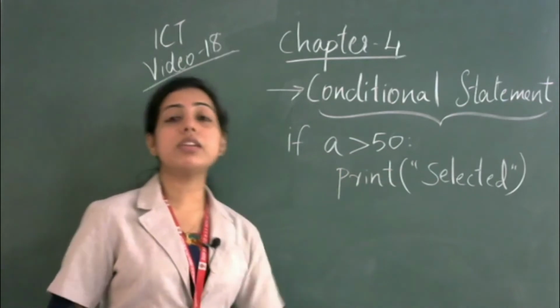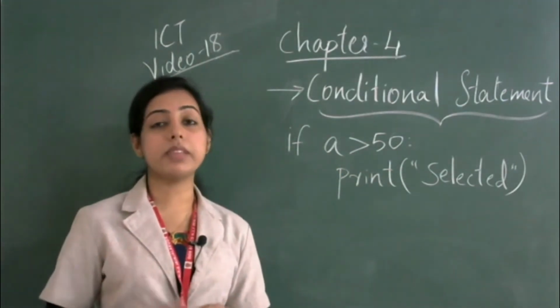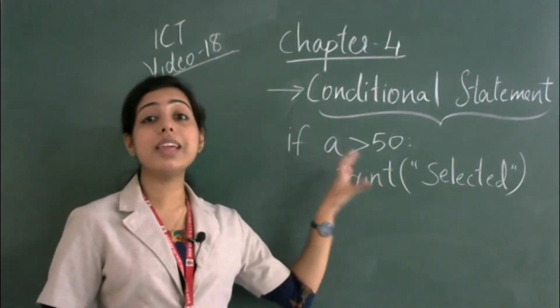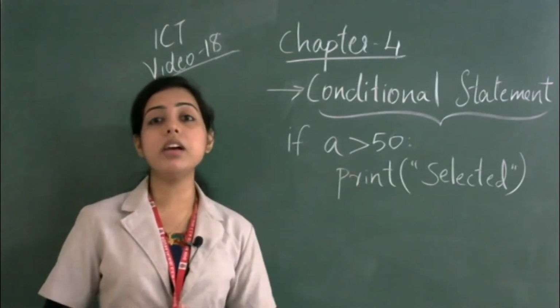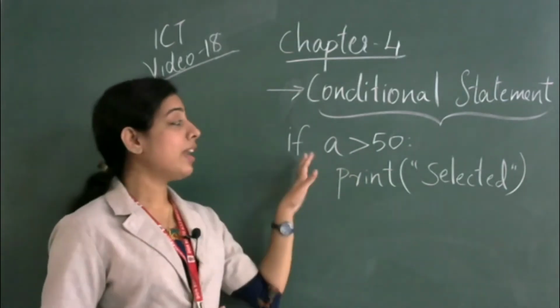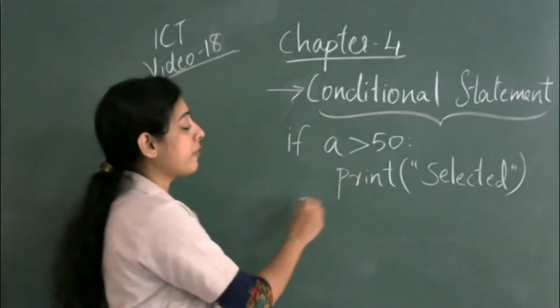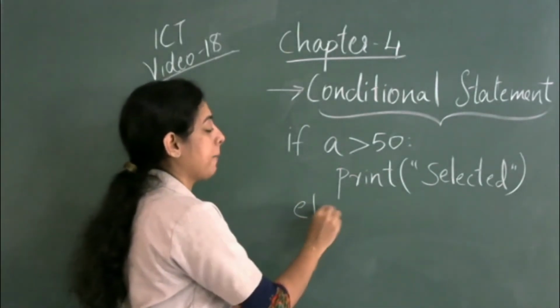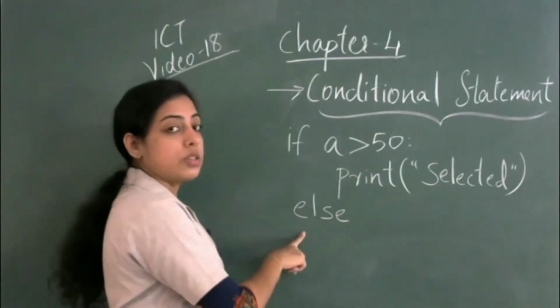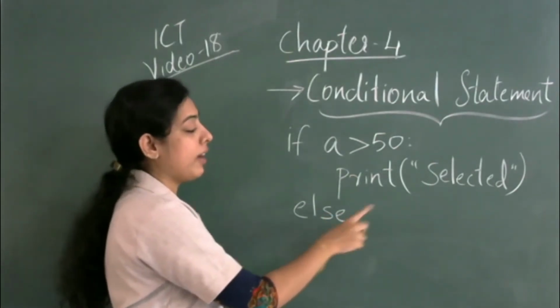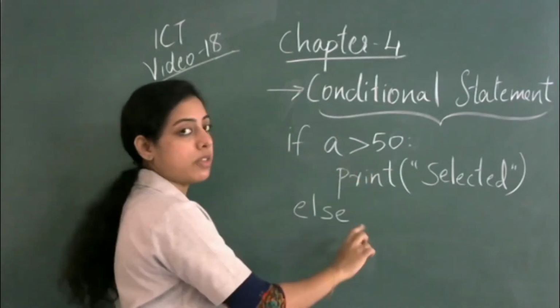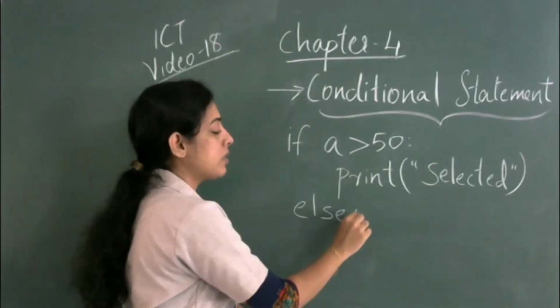So I concluded last class by saying something. If this condition is incorrect, what will be our output? So we can expand this conditional statement if to if else. The syntax will be: type else here. You don't want to specify the condition, but put the same colon.